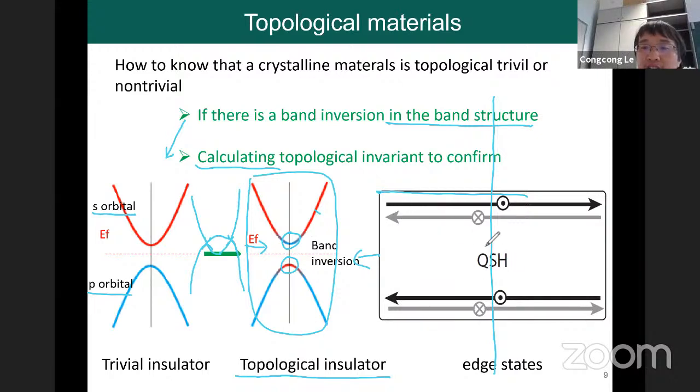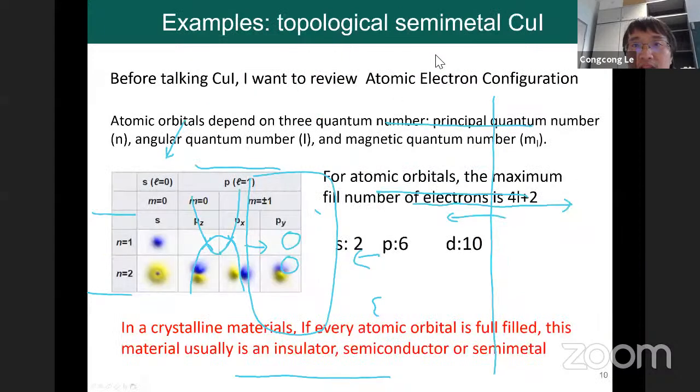This is the spin Hall effect. So in this direction is spin up current and the other is spin down current. This edge is the same. And next I want to give an example.